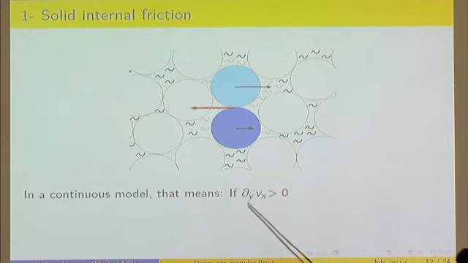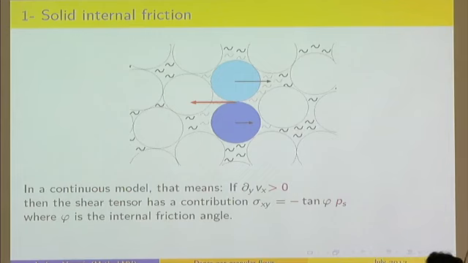This reads: if the vertical variation of the horizontal speed is positive, so the gradient is like that, then the shear tensor has a contribution on xy which is minus a coefficient times the solid pressure. Okay, so the coefficient here is the tangent of the friction angle.